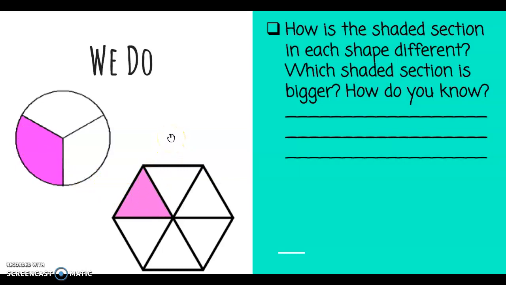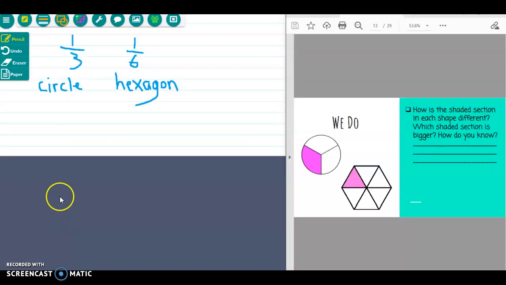So although both of these shapes have 1 section shaded in, the section of the circle is bigger than the section of the hexagon. This section of the circle is 1/3, and this section of the hexagon is 1/6. Let's look at it this way. The circle has 1/3 shaded. The hexagon has 1/6 shaded.